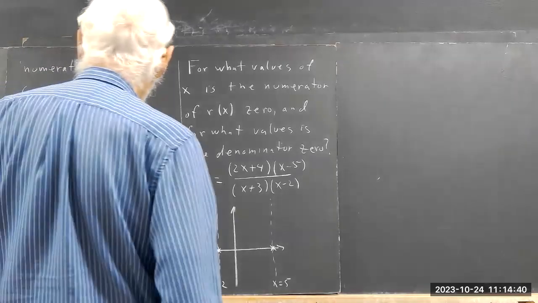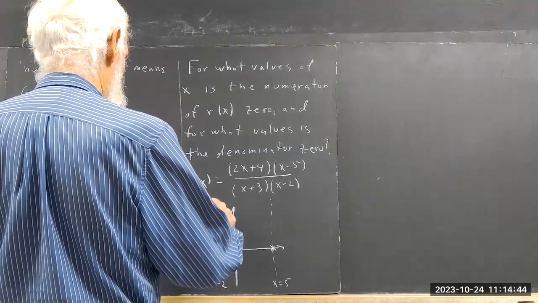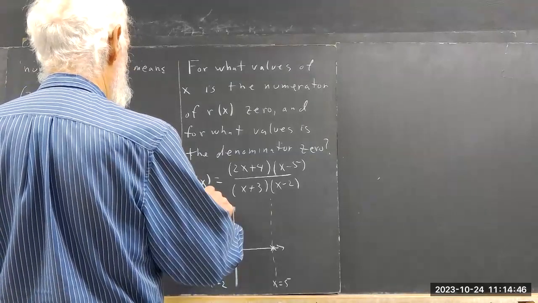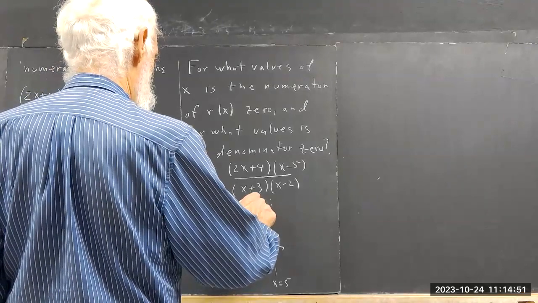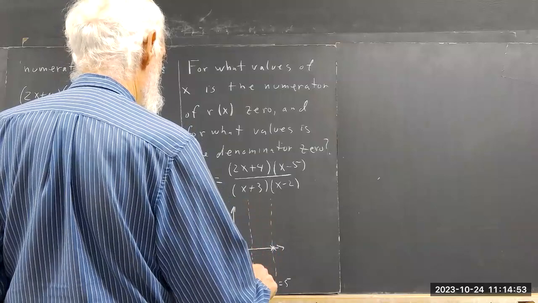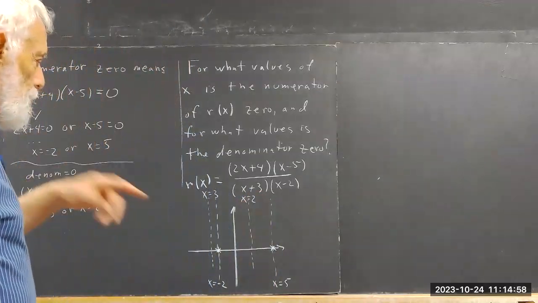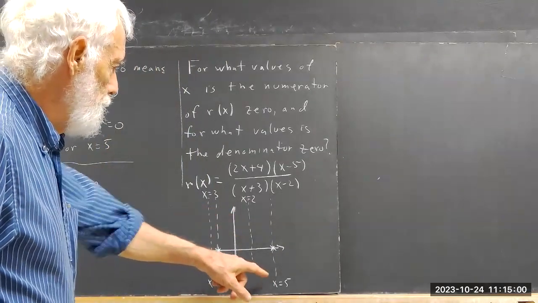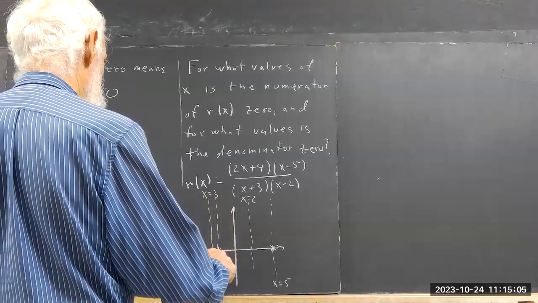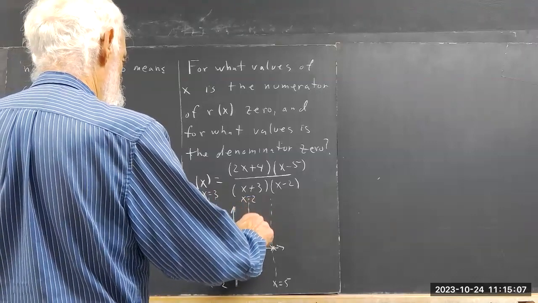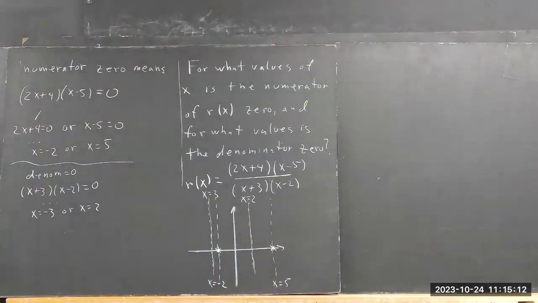Now, I'm going to draw a vertical line for x equals -3 and a vertical line, dotted line, for x equals 2. I don't want to make these lines look like these lines. What I'm going to do is I'm going to kind of make this line a light solid line, and this one also. You'll see why I'm going to do this in a bit. Okay.